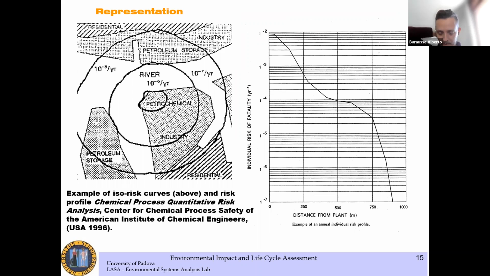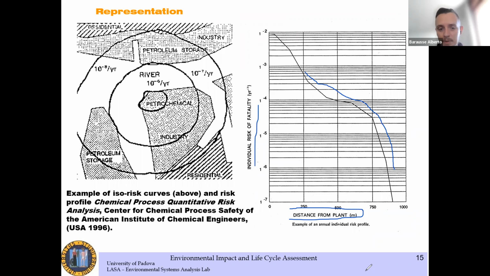So on the abscissa, you have the distance from, for example, the contamination, this one here. And this is the risk. So the risk decreases as you go away from the contamination. This is a risk profile.